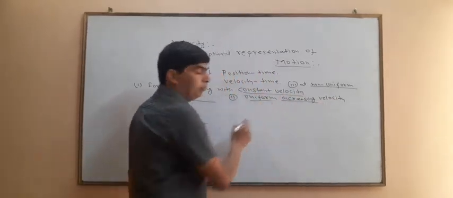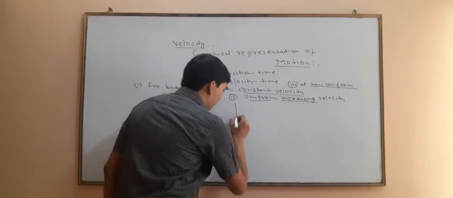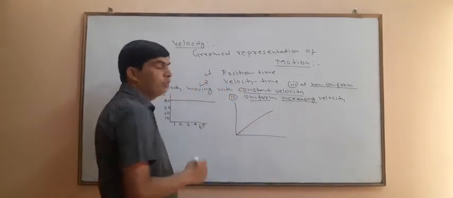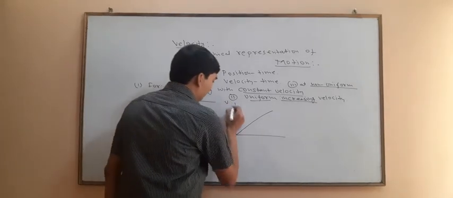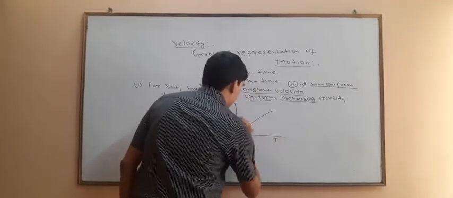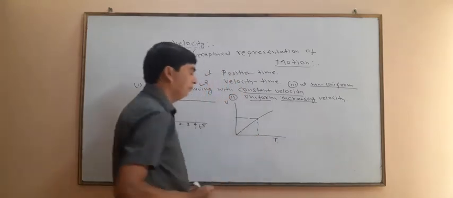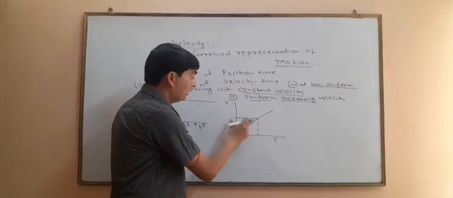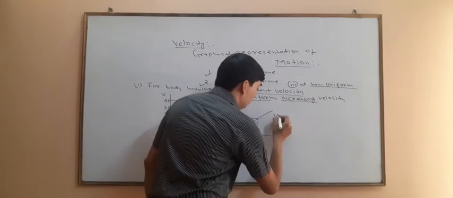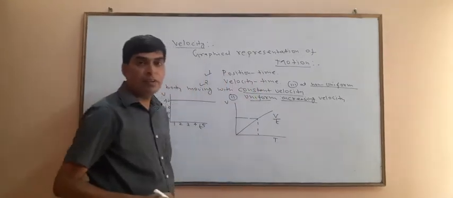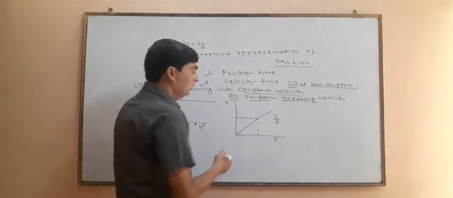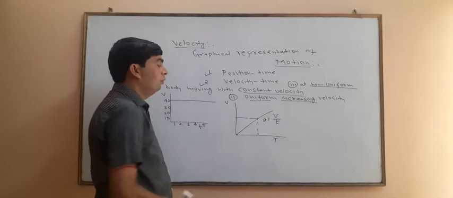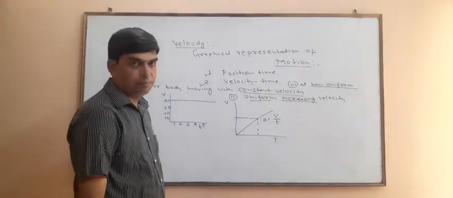So again, the nature of the graph will be a straight line inclined to the origin, and we can get other quantities from this. Like, what does the slope of velocity time graph represent? Slope is the ratio of v and t. So the ratio of v and t, which quantity is it? Yes, it is acceleration. So we can get the acceleration with the slope of the obtained graph.